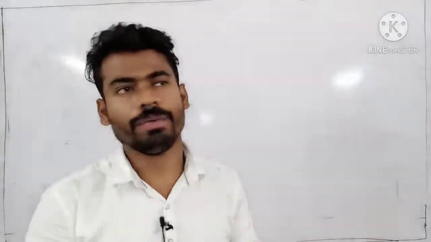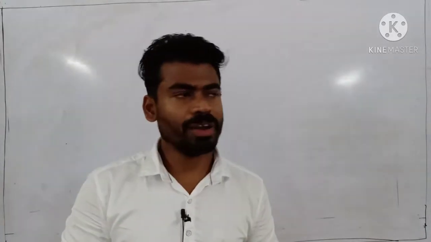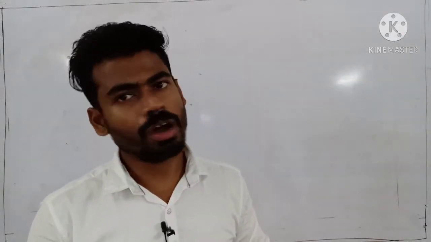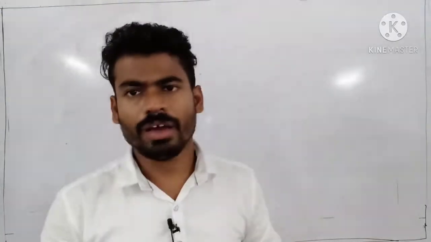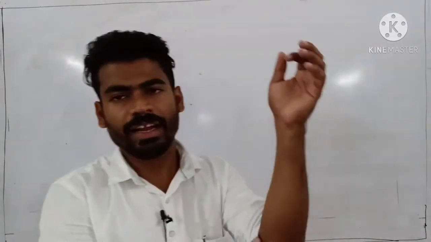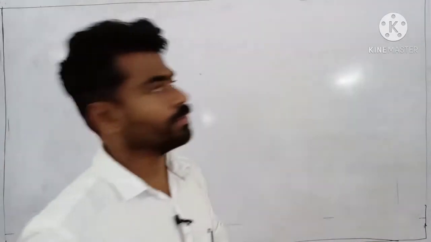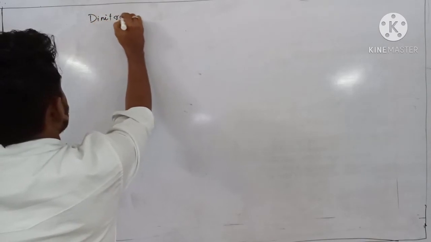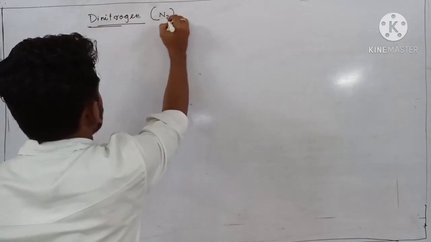In the previous class we covered the general trend in properties, along with how nitrogen in particular differs from the rest of the elements. Now a few compounds we have to discuss, that is dinitrogen. It is designated as N2.